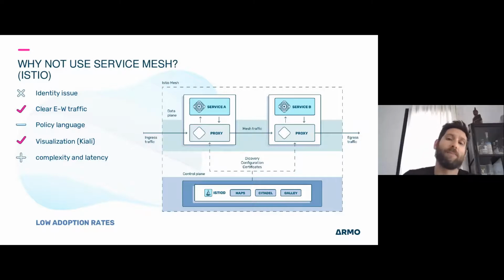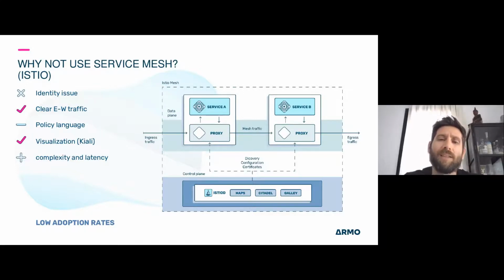And now let's get back to Istio. Some of you might say, hey, but Istio actually solved this problem, because Istio creates a mutual TLS communication between my different pods, and then an attacker cannot really understand what's going on there. But Istio didn't solve the identity issue.